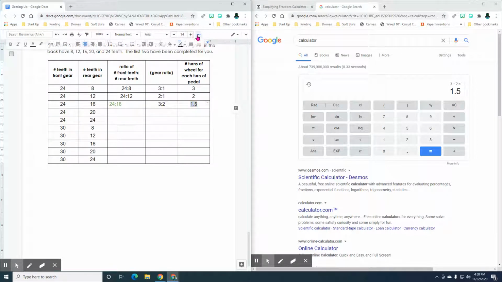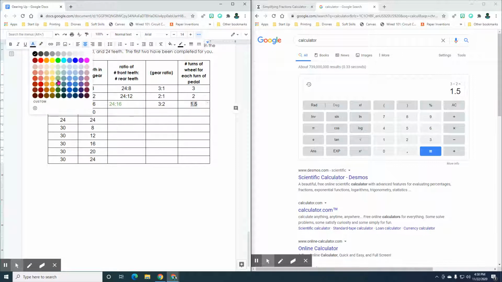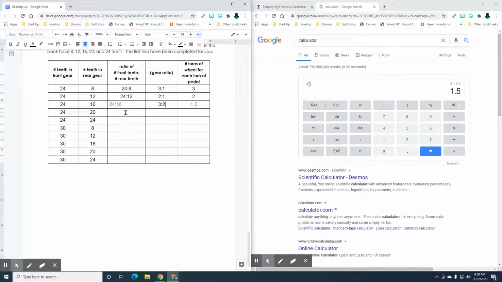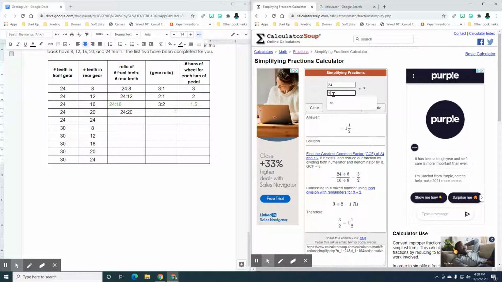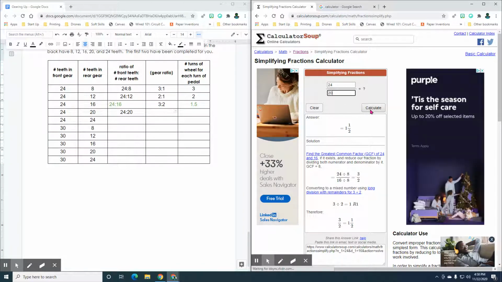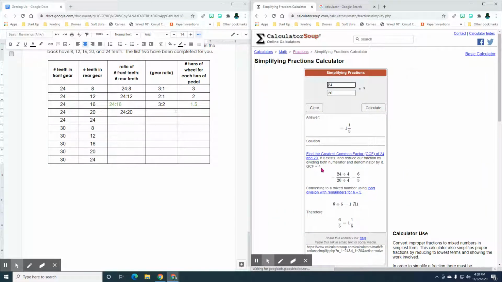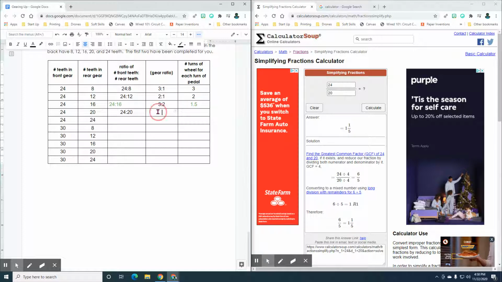Okay, we're going to do this again. Let's change colors. Okay, so front gear has 24, rear gear has 20. So we would do 24 to 20. And then our gear ratio, we simplify 24 and 20. Now these are both divisible by, can you guess? 4, which gives you 6 to 5.